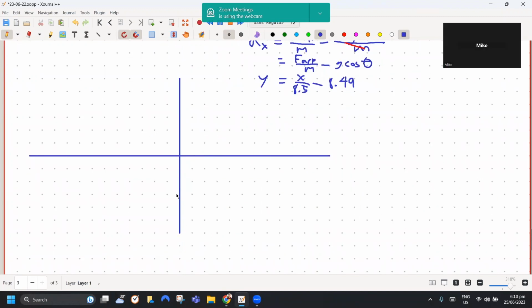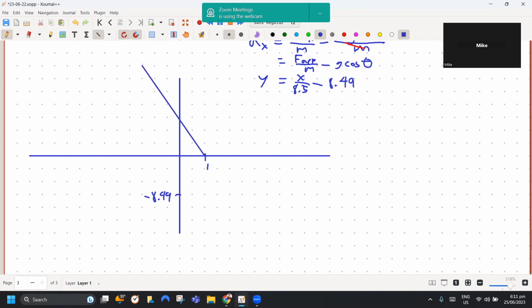Ngayon, graph. So when y is 0, x is equal to 8.49.